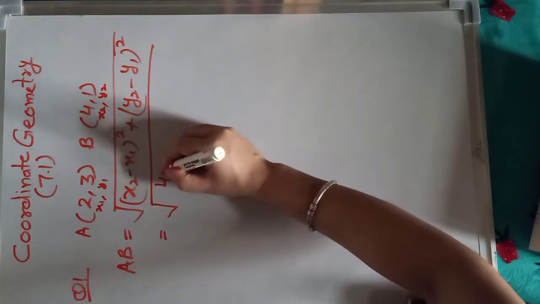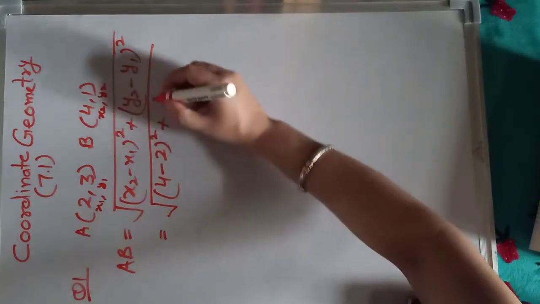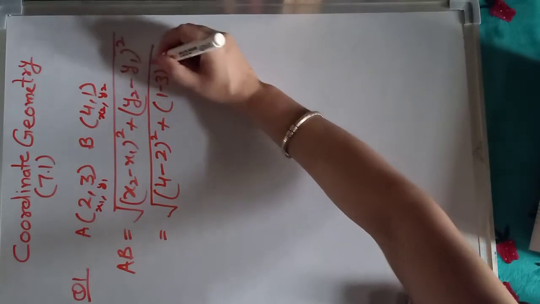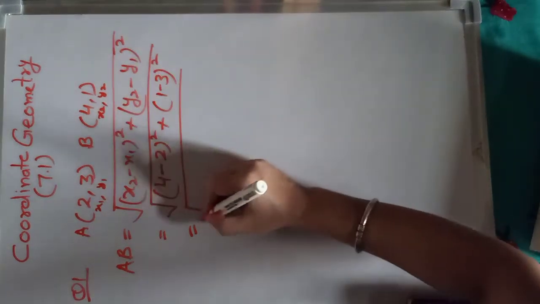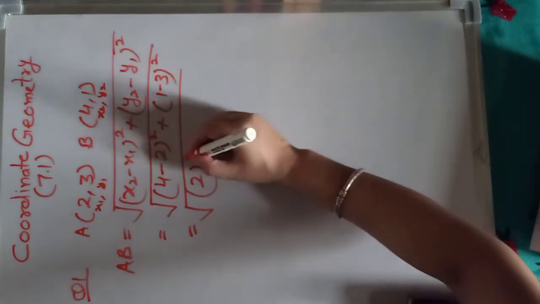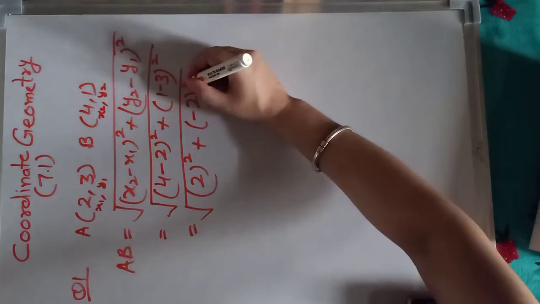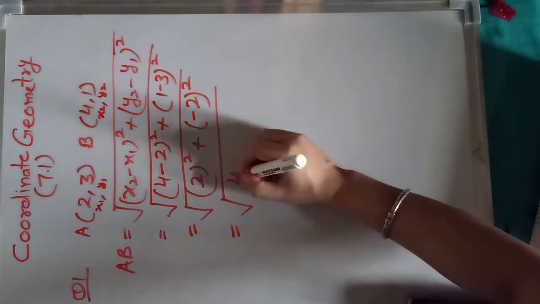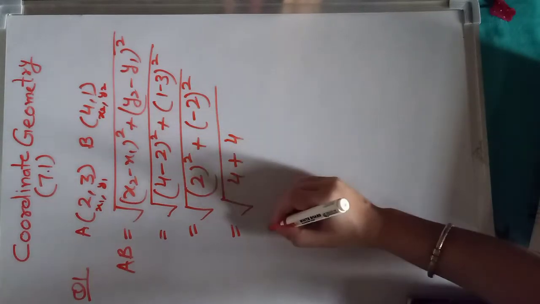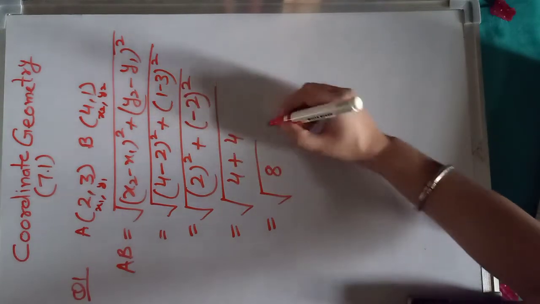It is (4 minus 2) whole square plus (1 minus 3) whole square. Yes, 4 minus 2 is 2, 2 squared, then (minus 2) squared, it will give 4 plus 4, and that is equal to root 8.